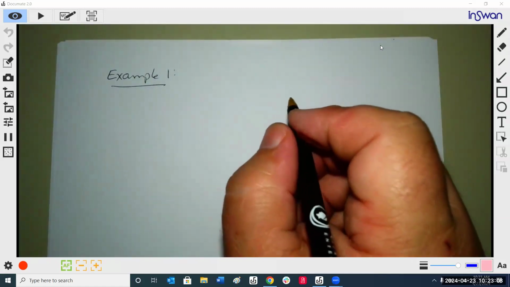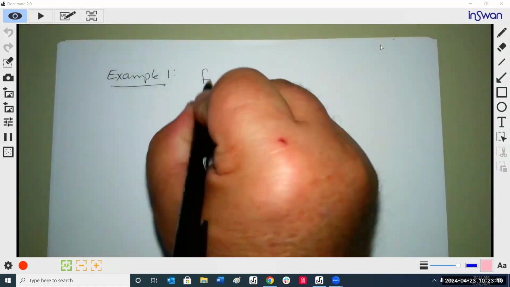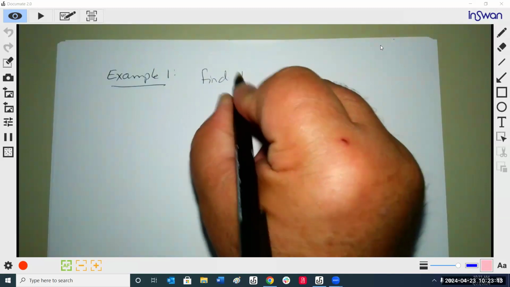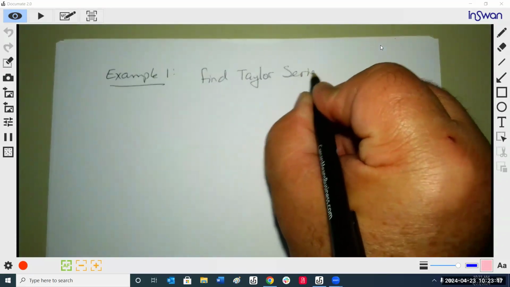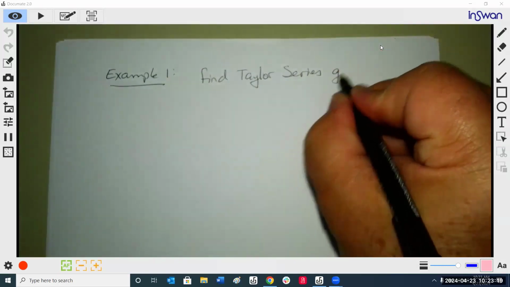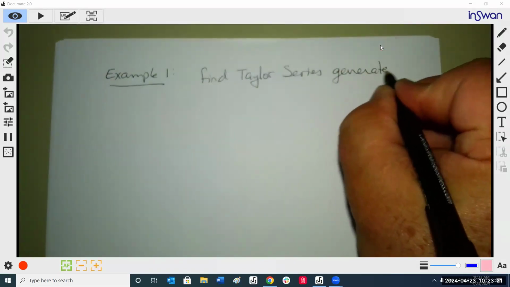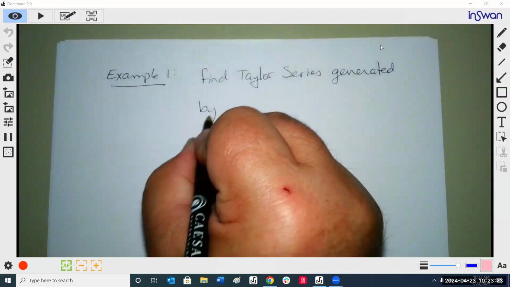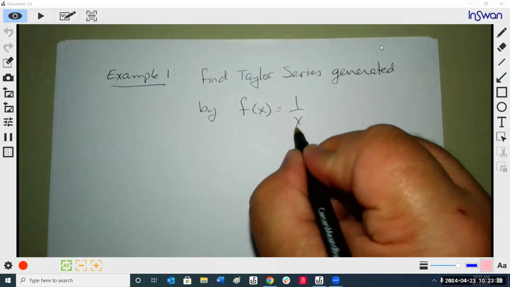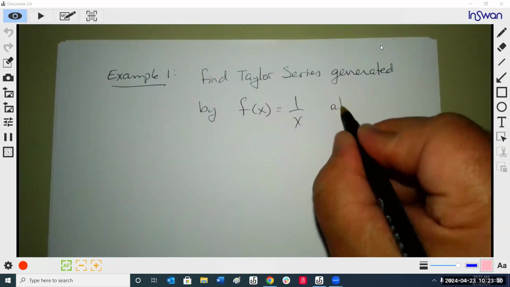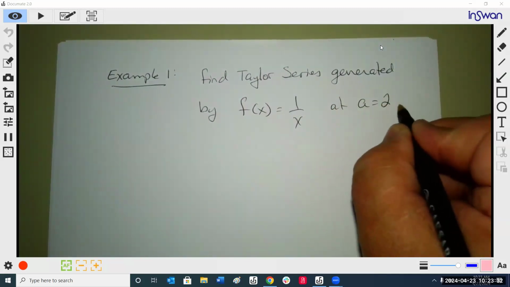Find the Taylor series generated by f of x equals 1 over x at a equals 2.